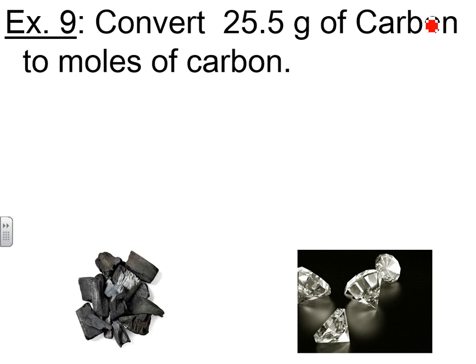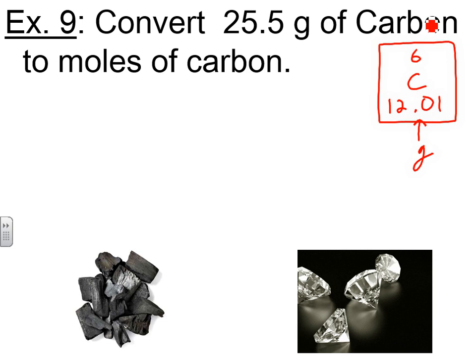Now if you take a look at carbon on the periodic table, carbon is element number 6, and its atomic mass is 12.01. So now we realize that this is also 12.01 grams in 1 mole. So this will actually now be our conversion factor. Let's go ahead and begin the problem as we always do. 25.5 grams of carbon.